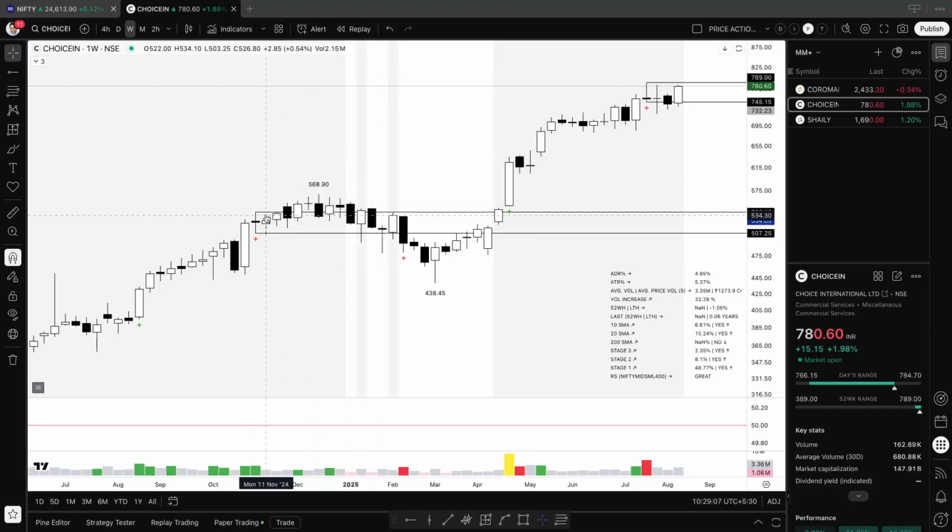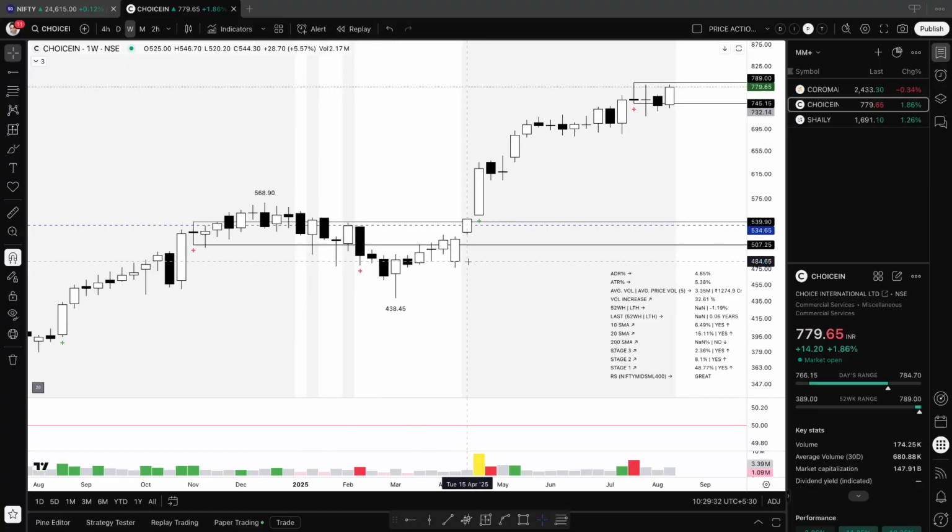Something happened here in this week. Price went up, but after struggling for so many weeks, it couldn't survive the high and came down. That means the breakout failed. Price started to go lower and broke its low also.